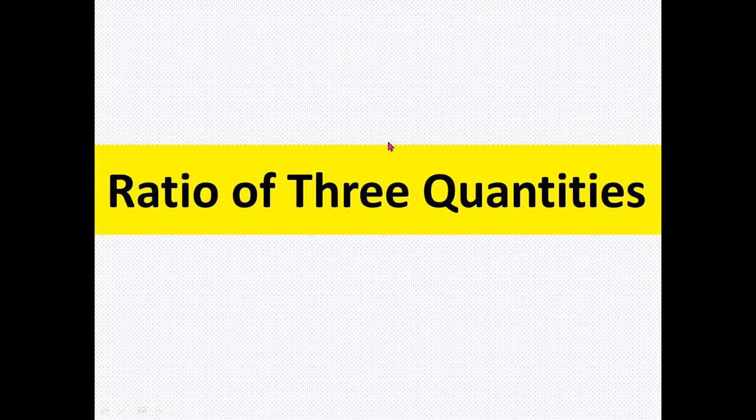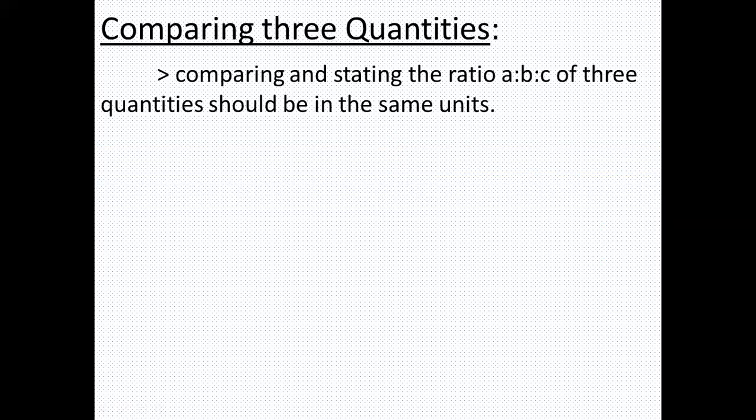Now let us start. When we are going to compare three quantities, take note that in comparing and stating the ratio in the form of A is to B is to C, the three quantities should be in the same unit. All right, so this is very important. When we compare and express it in ratio, remember it should be the same unit.